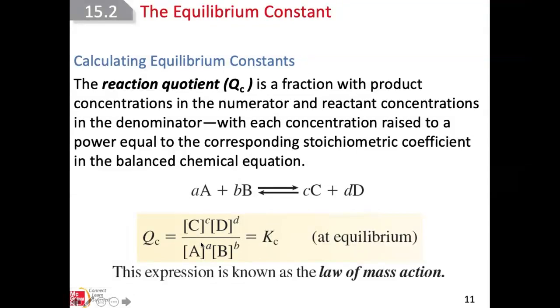This is just the concentration at any time, not necessarily at equilibrium. But if Qc is equal to Kc, the concentrations are the concentrations at equilibrium, and our reaction has already reached equilibrium. This expression is known as the law of mass action.